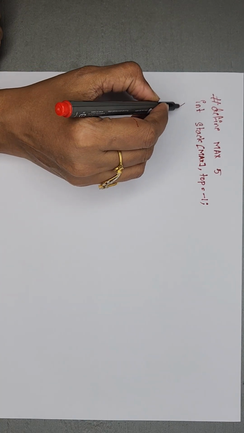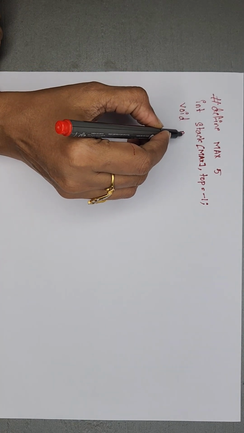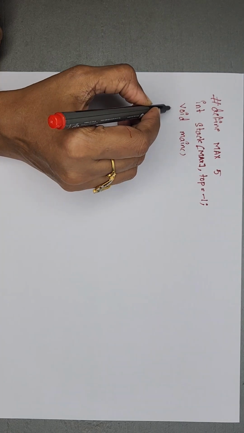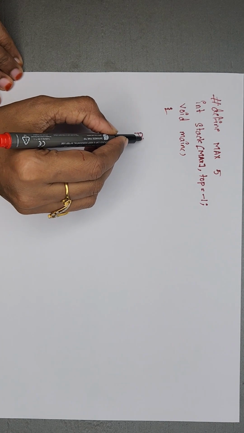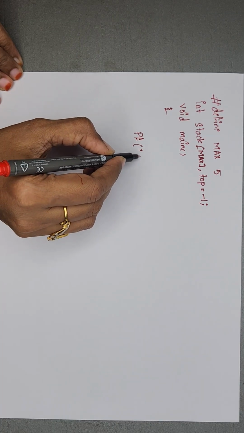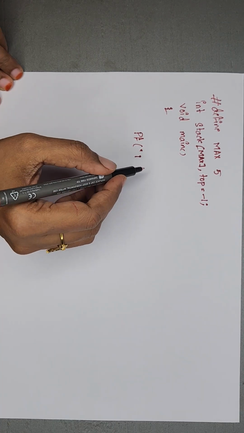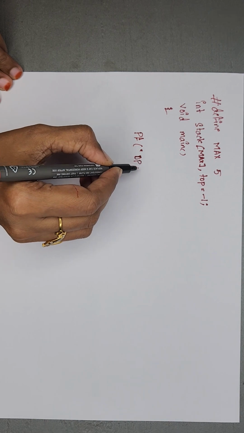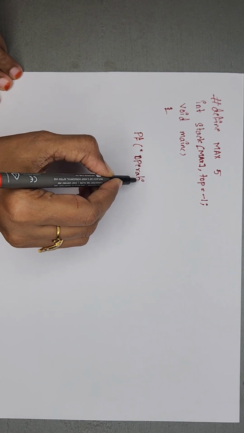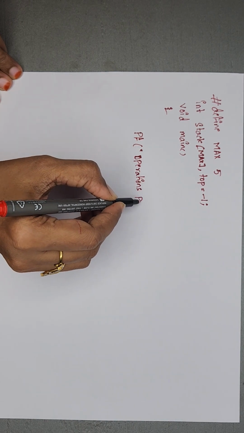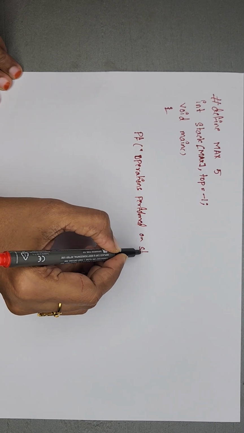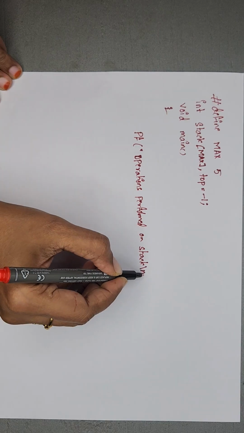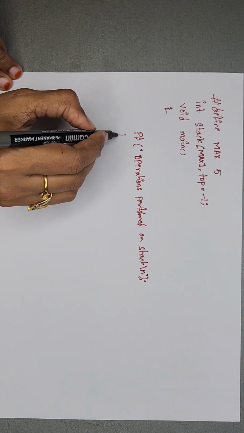And now I am going to write one main function. In the main function, first I am going to display one menu like "operations performed on stack." \n means it will print in the next line.